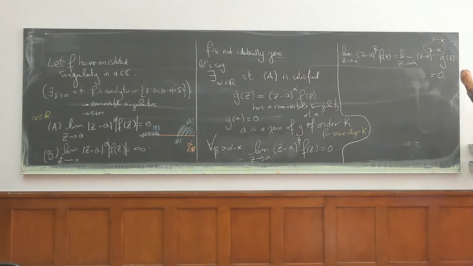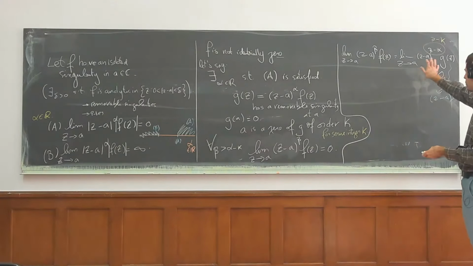You should think of g of z as something like z minus a to the k locally. And since I'm multiplying by something that doesn't completely cancel out this term, then this limit is equal to 0. We saw the proof of all this stuff last week.